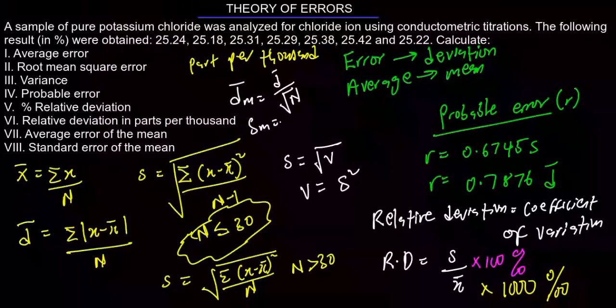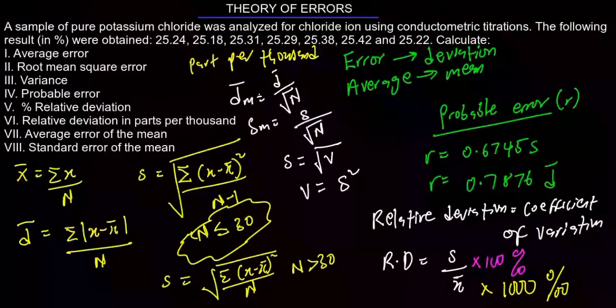The standard error of the mean is the standard deviation over the square root of n. They resemble one another, so if you know one, you don't have to learn the other. Now we know all this.